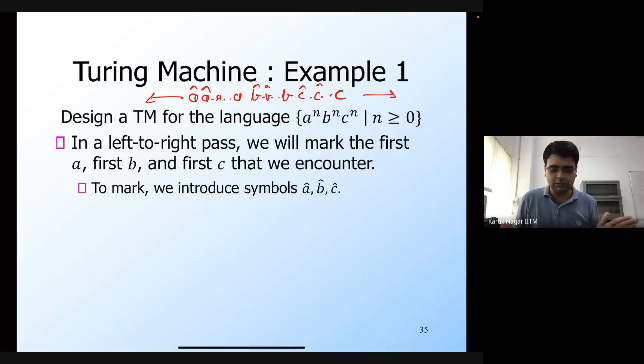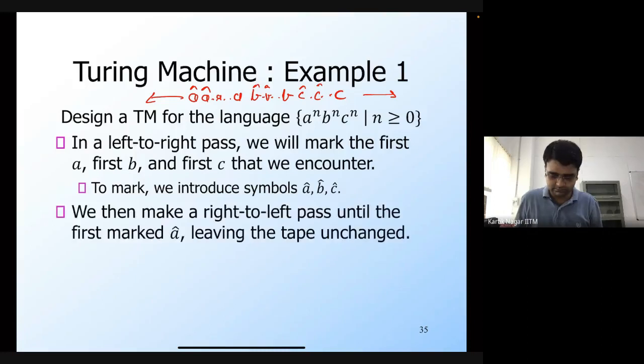So again you make this left to right pass where you mark the first A, the first B, and the first C. So we then make a right to left pass until the first marked A hat, leaving the tape unchanged, and then we repeat the process.